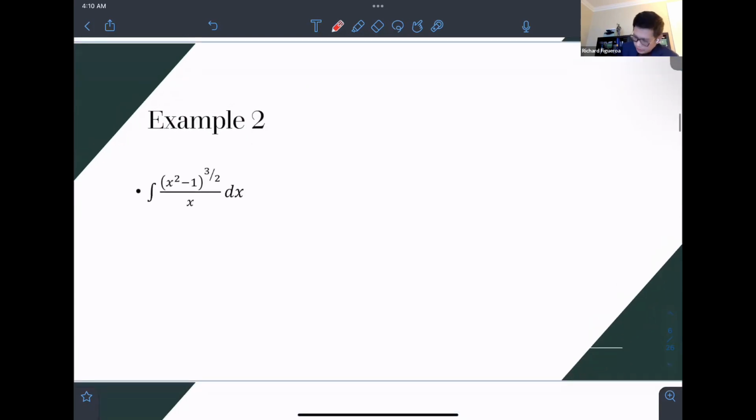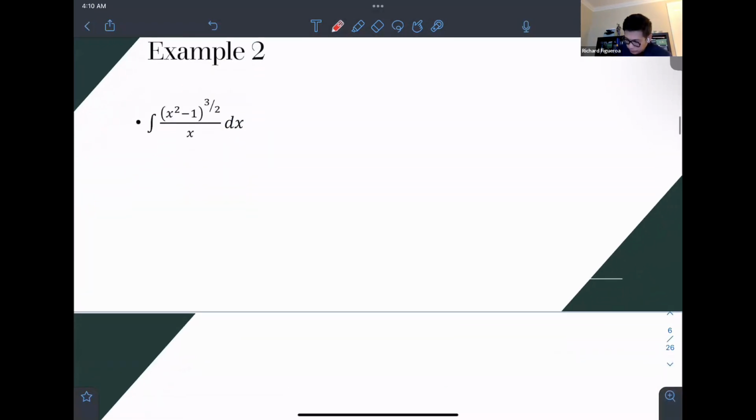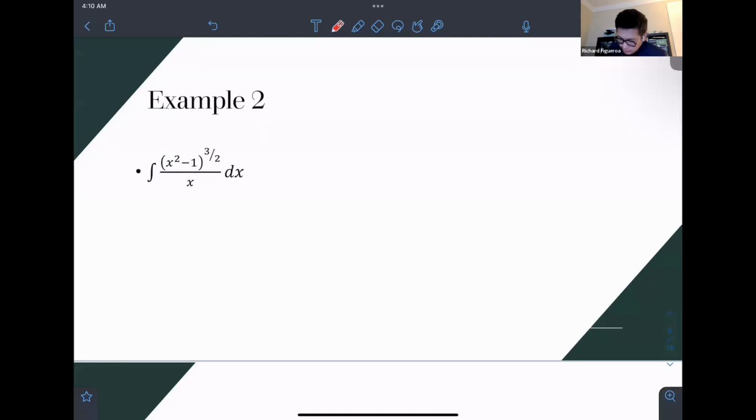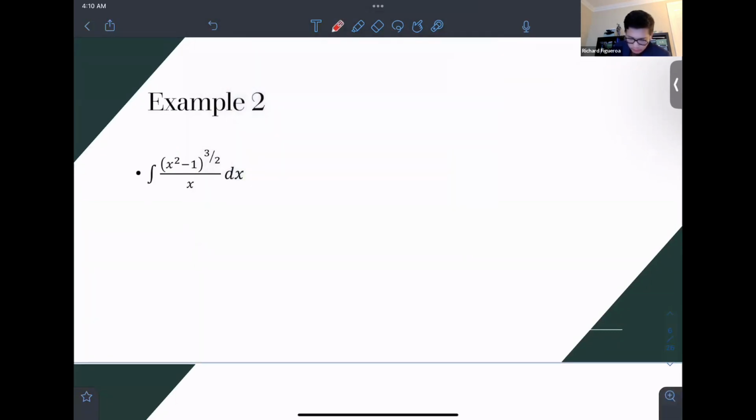So we let our a here be 1, or a squared is 1, and our x squared is x squared.